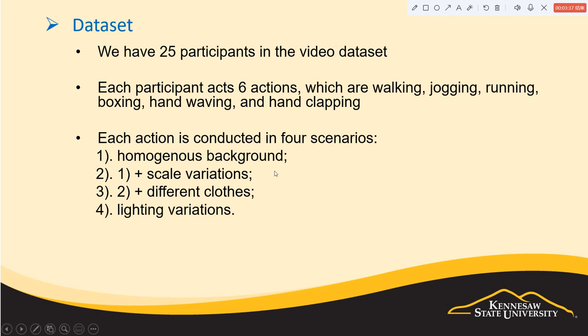The first one is a homogeneous background, the second is the first one plus scale variations, the third one is the second plus different clothes, and the last scenario is lighting variations.